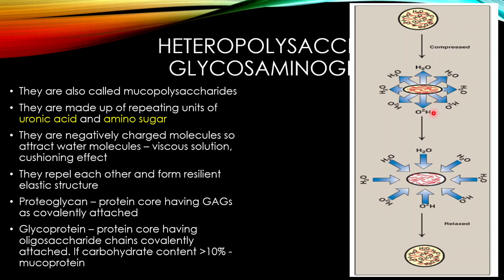Okay, and when the compression is removed, again the water molecules go inside and assume the resting state. So this is how the glycosaminoglycans form a cushioning effect, and they make the solution viscous. They repel each other and they form a resilient elastic structure.